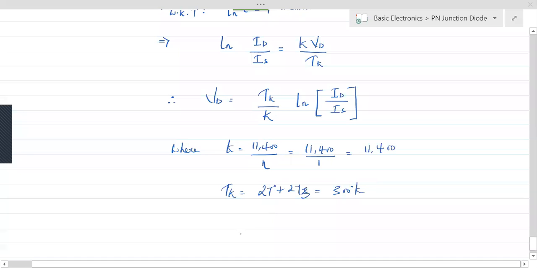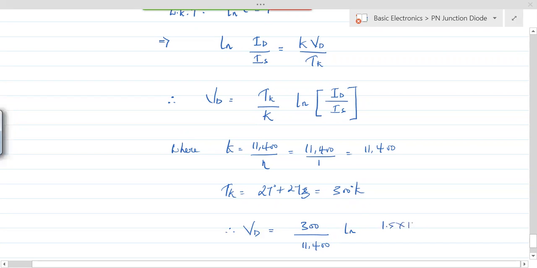Fine. So ID is given, Is is given. Therefore, Vd would be 300 by 11,600 natural log of 1.5 into 10 power minus 3, that is the diode forward current, divided by the reverse saturation current, which is given by this.